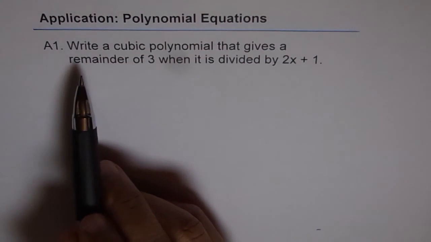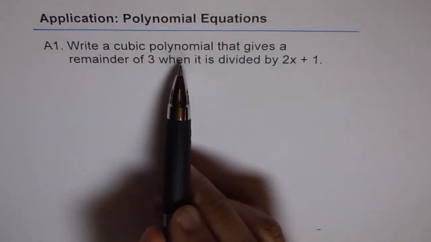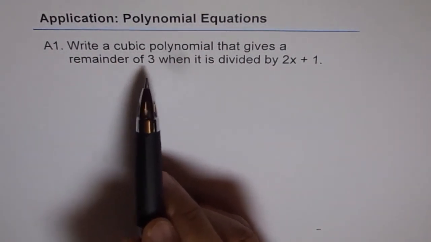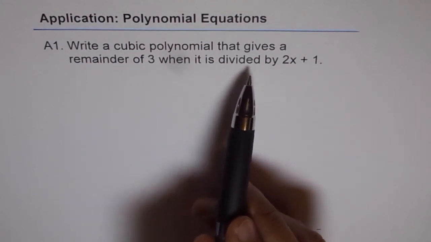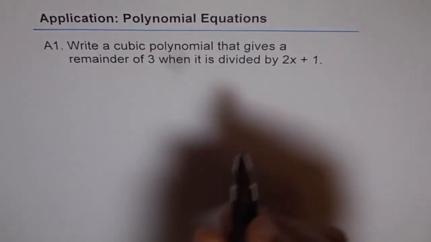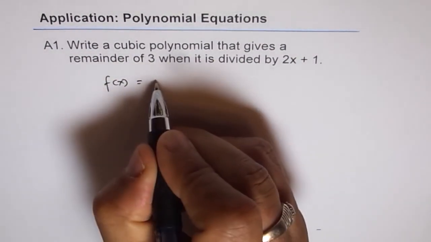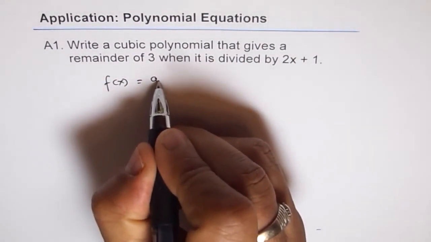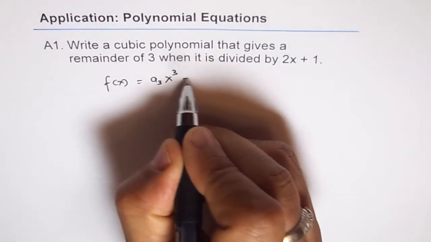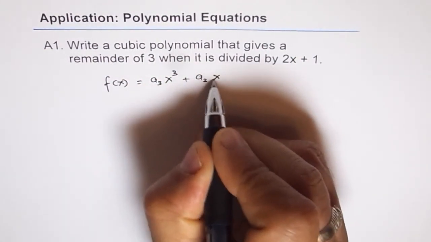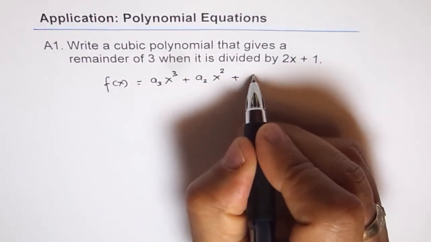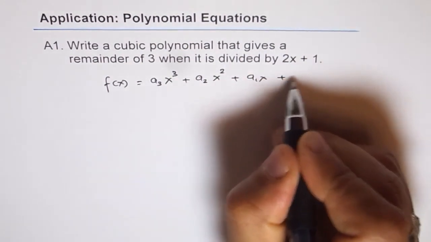Now, read it again. Write a cubic polynomial that gives a remainder of 3 when it is divided by 2x plus 1. A cubic polynomial function could be like this, right? f(x) equals, let me write, a3x cubed plus a2x squared plus a1x plus a0.